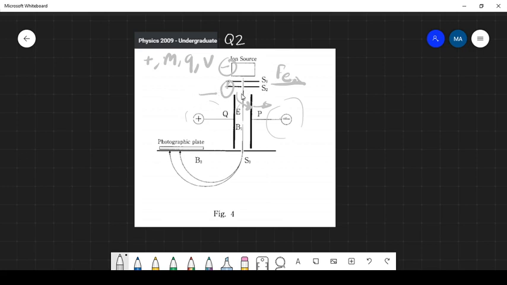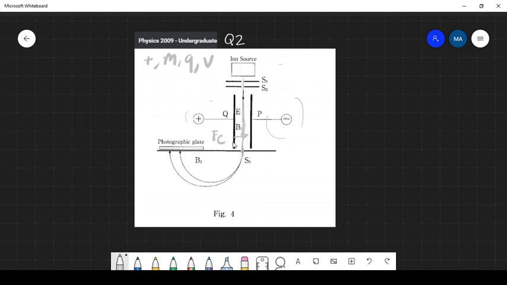The force in this case is equal. So what would happen? In this part over here, we'll have an electric force like this. But can you see how this proton is moving? It doesn't change its direction. Why doesn't it go there?